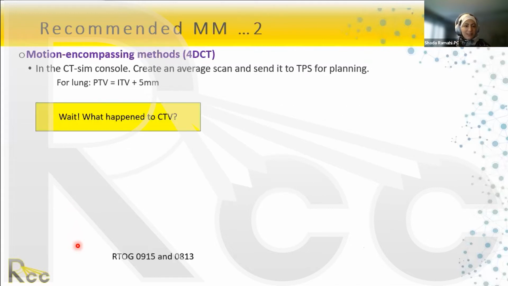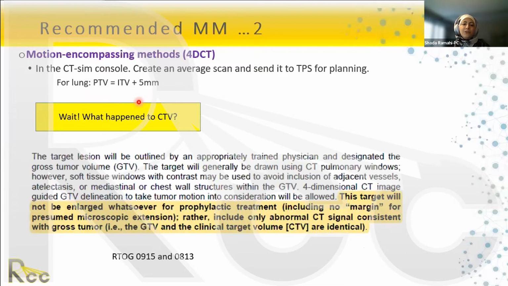Before I proceed, someone might ask, where did the CTV go, right? I just put PTV equals, basically, the GTV. ITV is the GTV at different locations, plus 5 millimeter. For RTOG, there is no margin to account for microscopic extension.